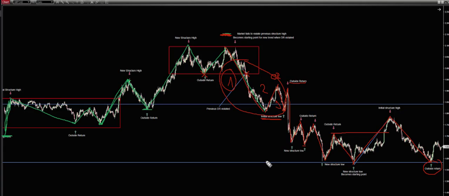We need to get a new high, in this case, because we are in a bear trend violation. So we got the initial structure high, and in order for this price point to be the outside return, we need to have a new structure high, which would then give us this as a starting point, number one, number two, and this number three.